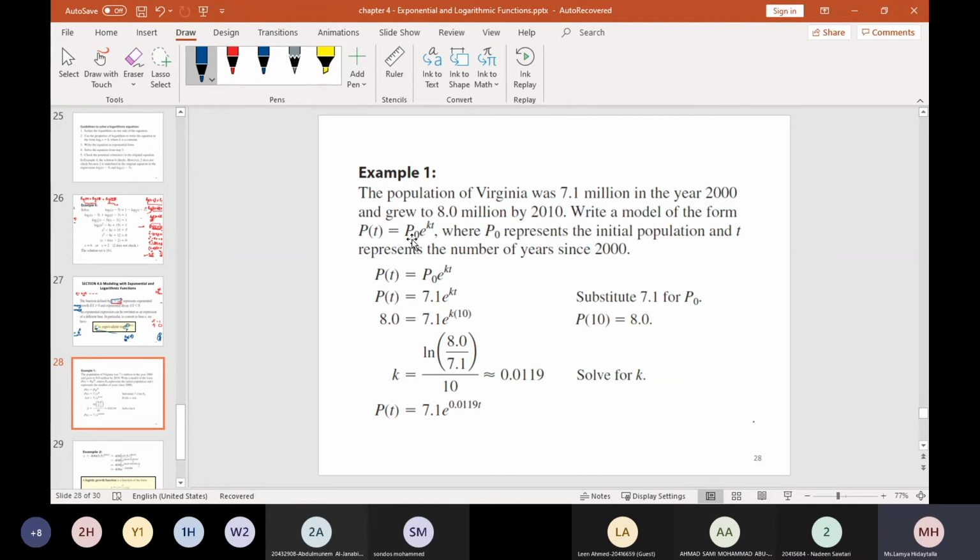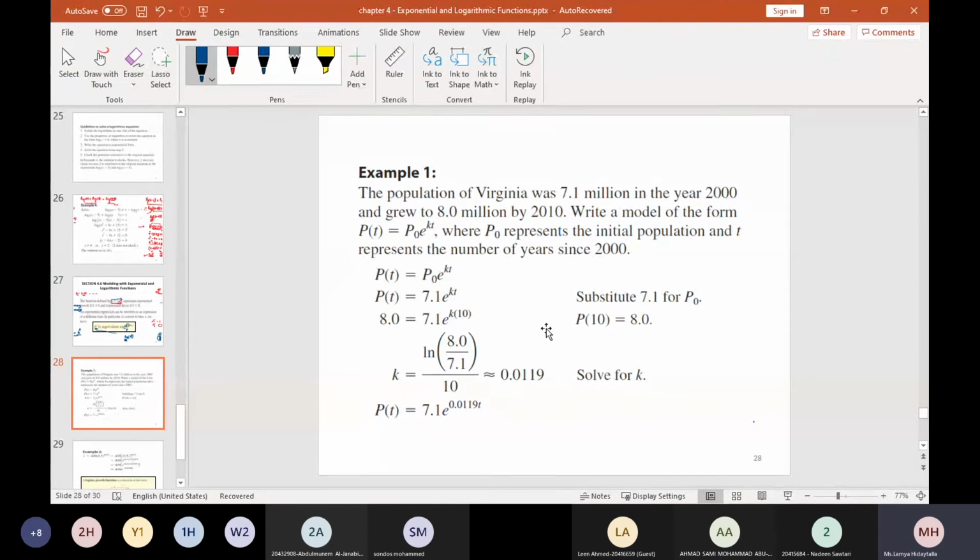For example, if in 1990 the population was that, and I need it after 20 years, if you have the k and the t, you substitute here and immediately you can find the population at the time you need. Okay. He told us that we can model it by this exponential function where P naught represents the initial population always. Why is it the initial?